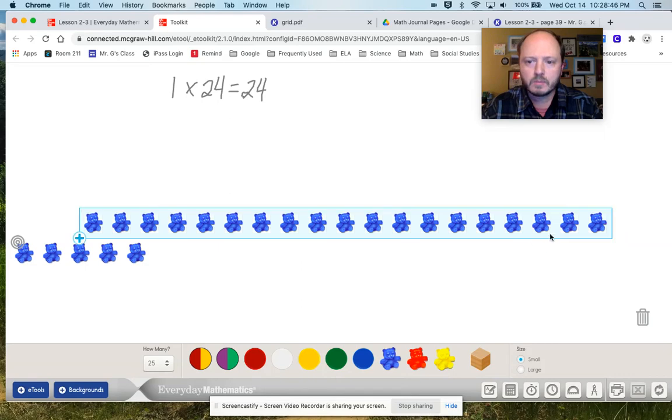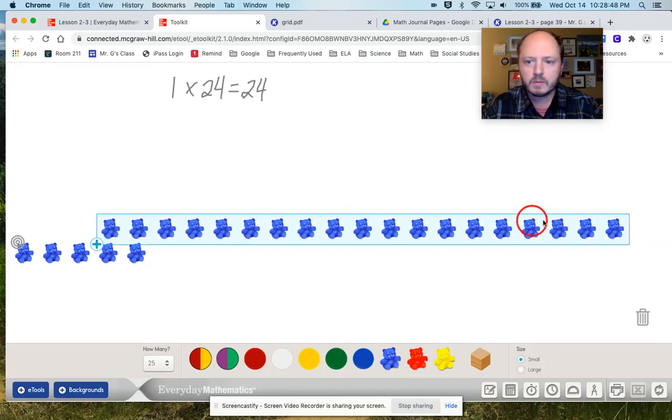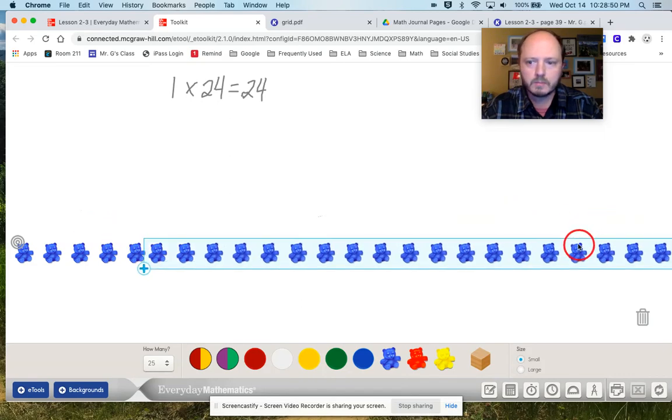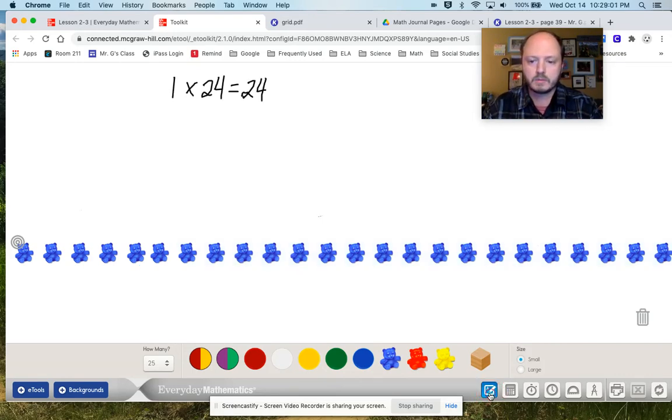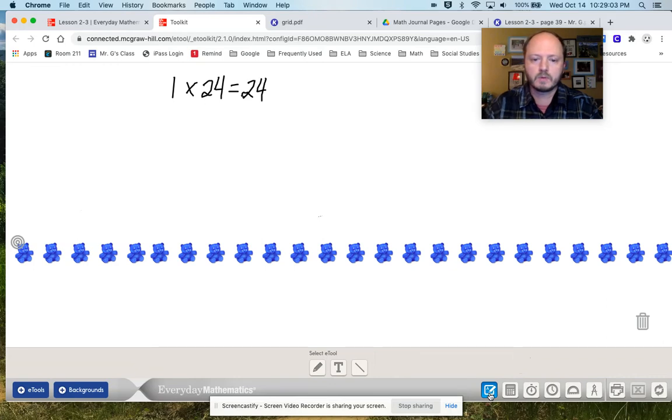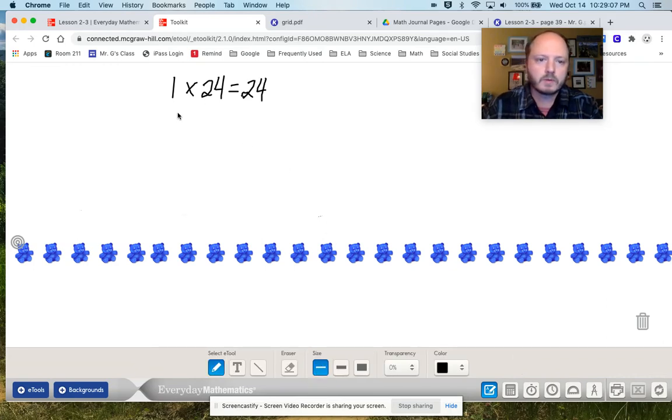So if I drag them like this, then yes, we have 1 by 24. And I can go vertically too, so pen tool back on. Right, so I can also say 24 by 1.